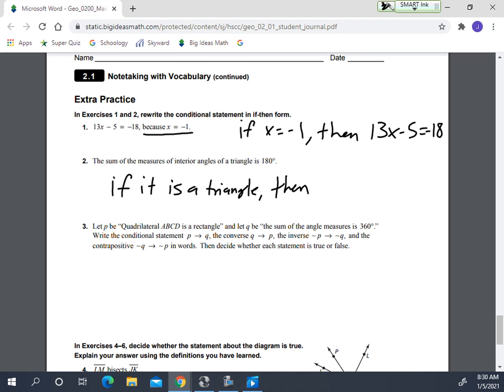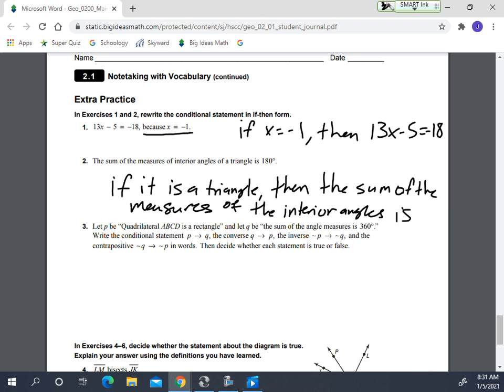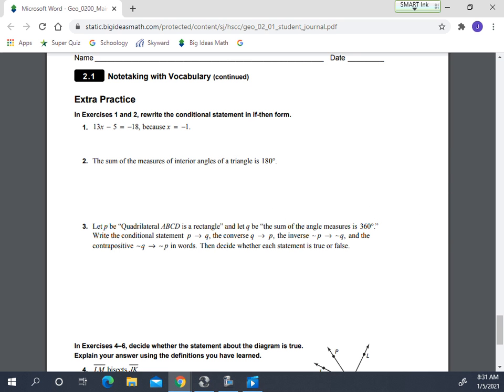Then the sum of the measures of the interior angles is 180 degrees. Almost done. I know it's a longer video. I apologize. We are almost done.